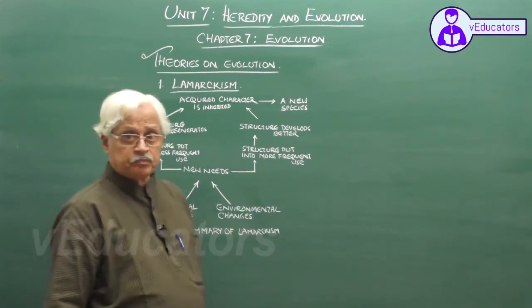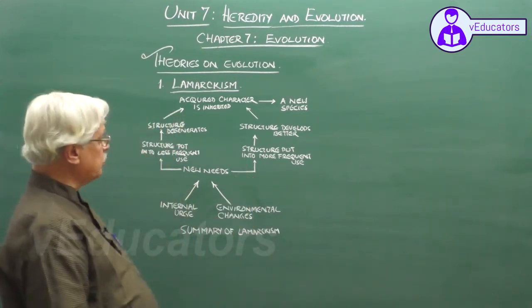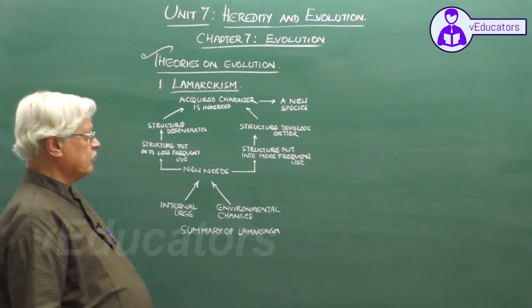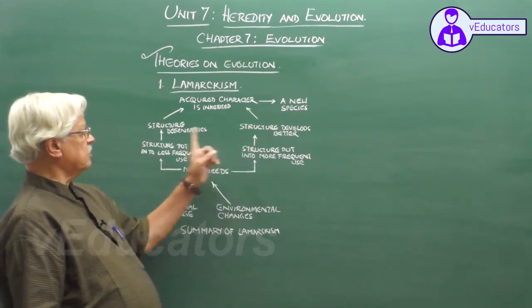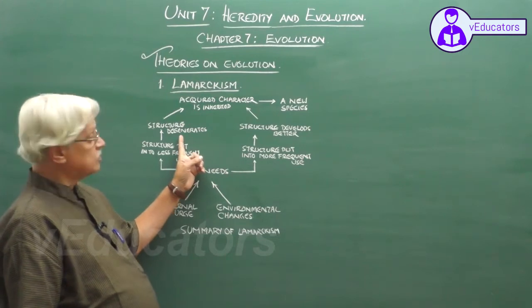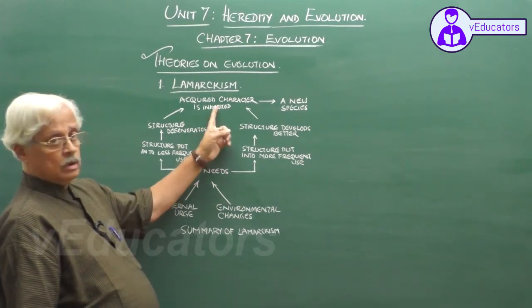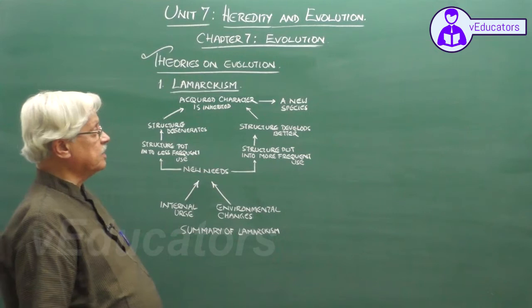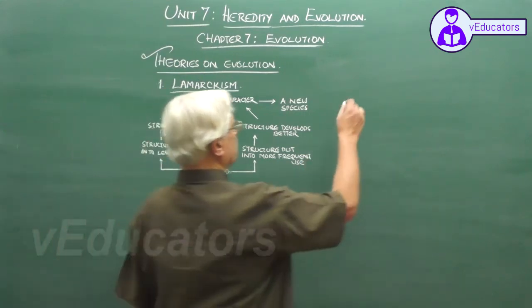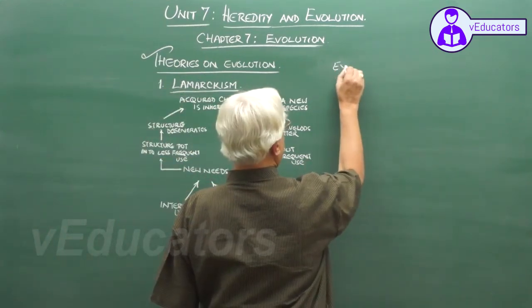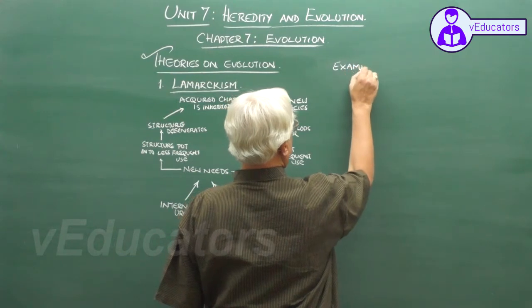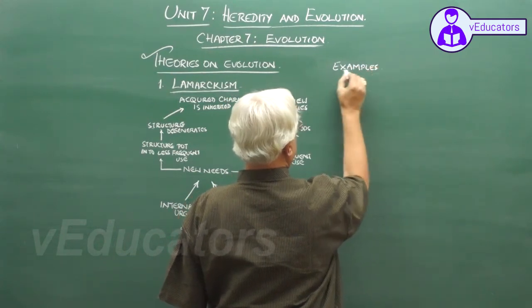Now, in order to support his idea of use and disuse of organs and the inheritance of acquired characters, Lamarck gives several examples.